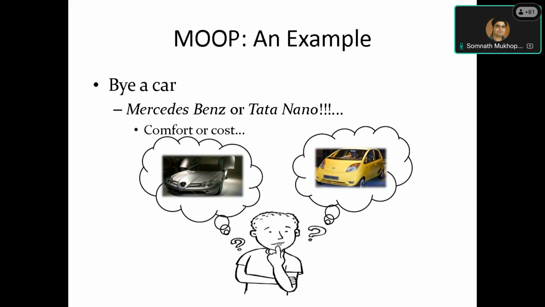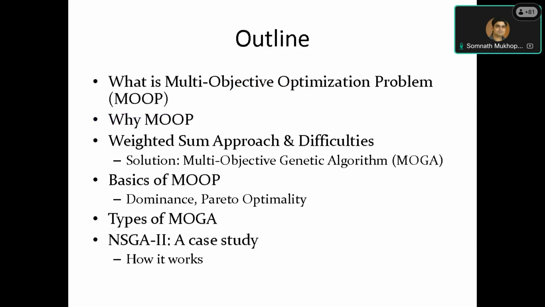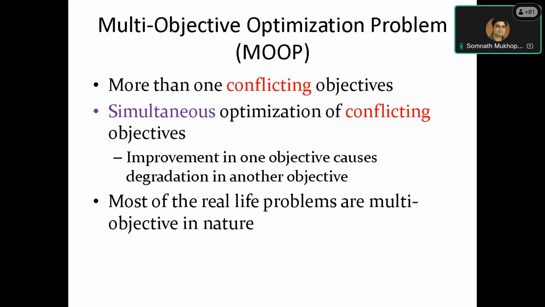So what do we need to consider when we buy a car? Whether the comfort or the cost, or there may be many other parameters. If we consider comfort, Mercedes-Benz is always the better solution. If we consider cost, Tata Nano is better compared to Mercedes-Benz, because Tata Nano has a lower cost.